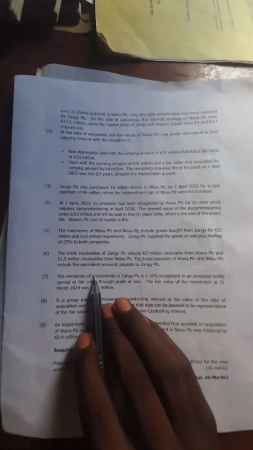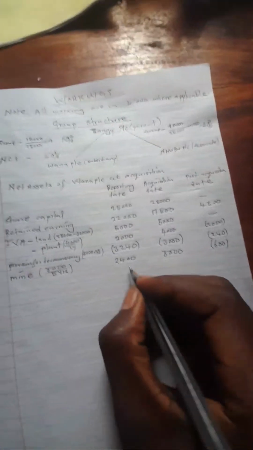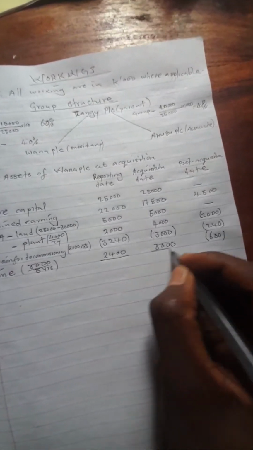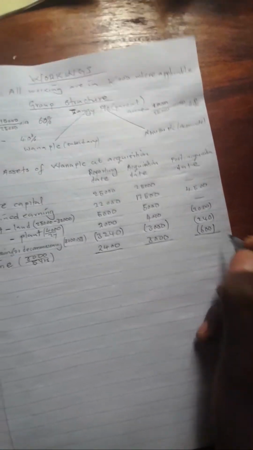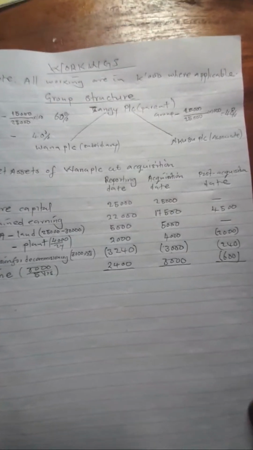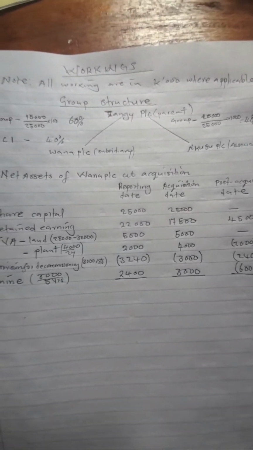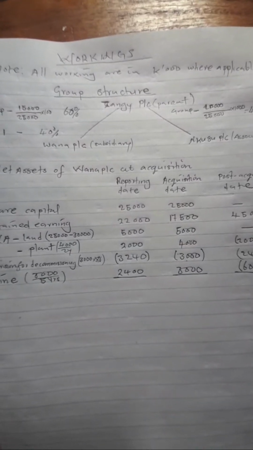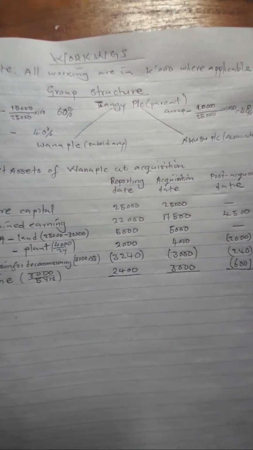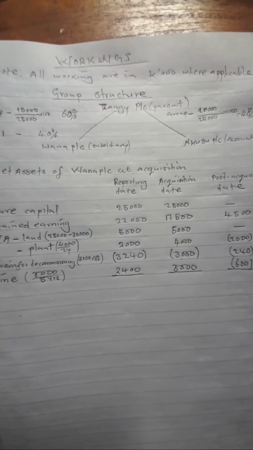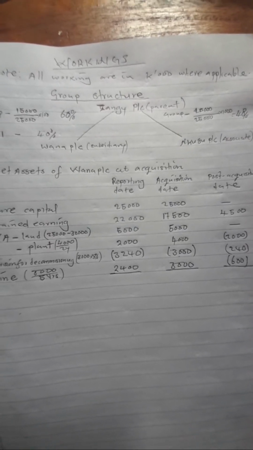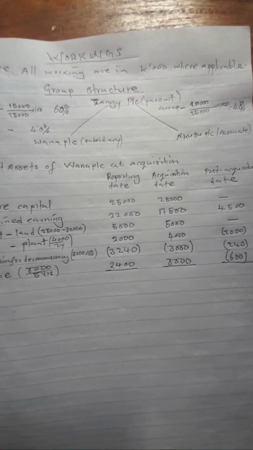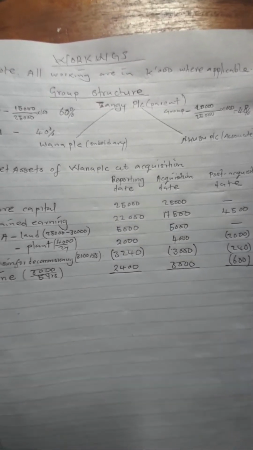So now, did we have any other? Actually, these adjustments here are talking about something different. So let's find our asset at start. So you add there 25,000 plus 22,000 plus 5,000 plus 2,000 plus 240 minus 3,240.